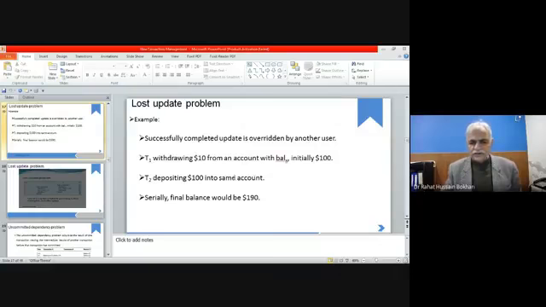The final balance should be 190. If things are carried out properly, the balance was 100, 10 is extracted from it, leaving 90, and then the 100 is added.